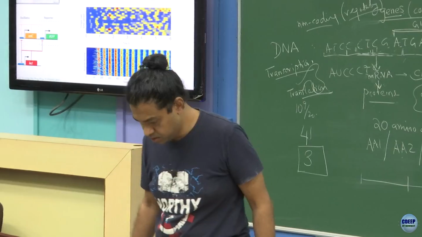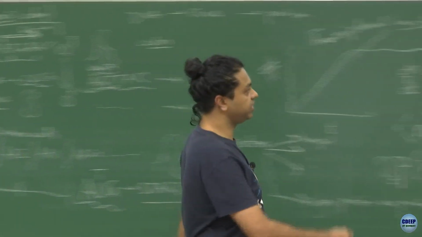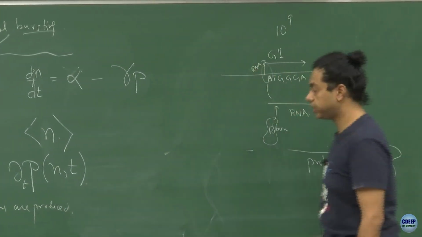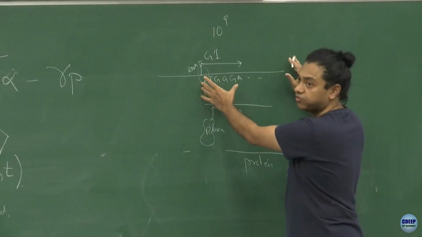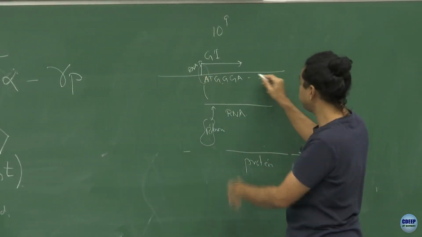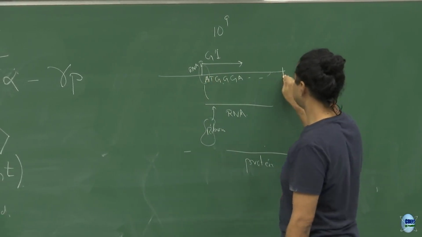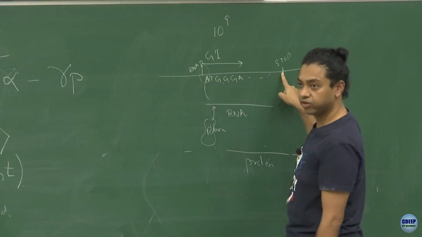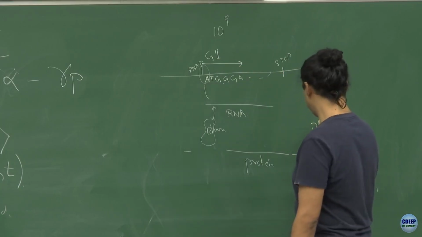Like I said, this DNA is 10 to the power of 9 base pairs long, out of which only 10 to the power of 7 base pairs actually code for proteins. Let us say you have started here, and somewhere you see a stop codon. Then gene 1 ends and that produces protein P1.